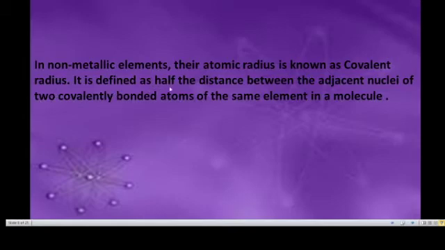It is defined as half the distance between the adjacent nuclei of two covalently bonded atoms of the same element in a molecule.